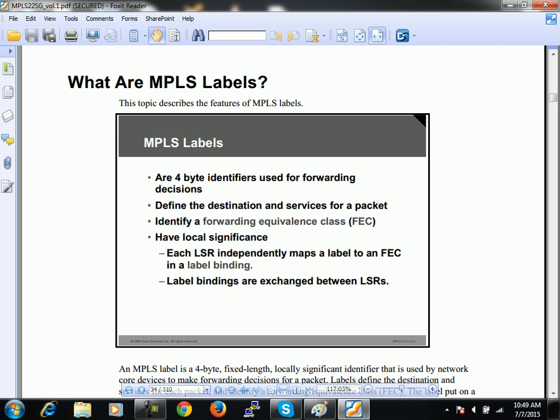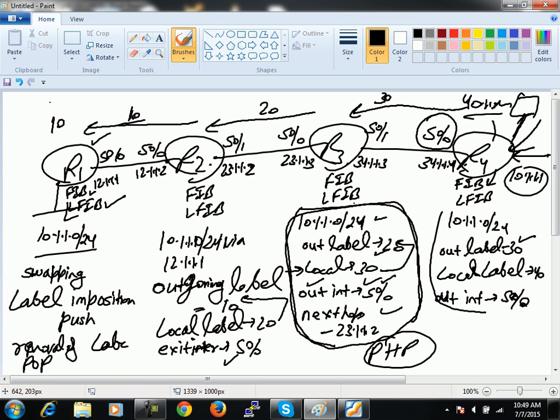As you can see here, whenever R3 receives any packet with the label number 30, it will always switch it out from S0/0 with the label number 20. So a group of all those packets coming with the label number 30 will be known as one FEC, forwarding equivalence class, because all of them will be forwarded out from S0/0 with the label number 20.